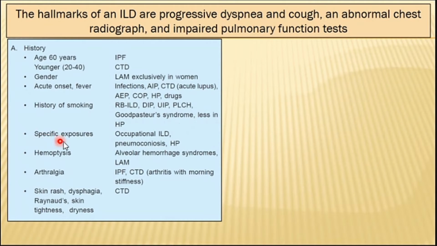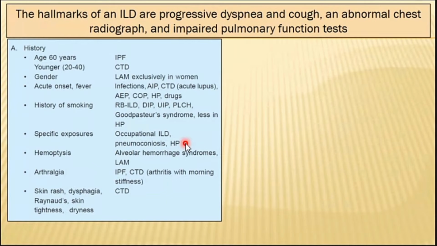Then certain specific exposures, then you think of occupational ILD or pneumoconiosis and also HP. HP, most common in India, is pigeons. Those rearing pigeons, those keeping pigeons, those even living in cities, say in Delhi, Mumbai, and all, you'll find in a lot of these apartments pigeons are living.